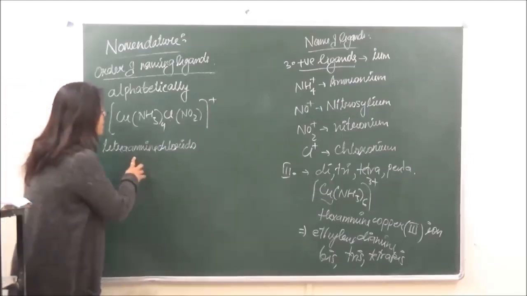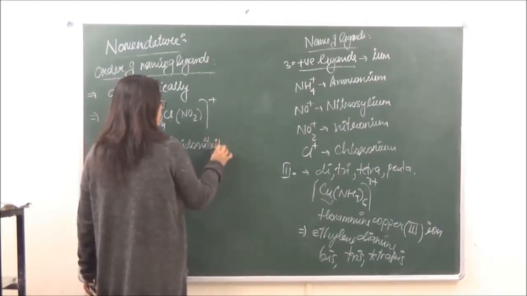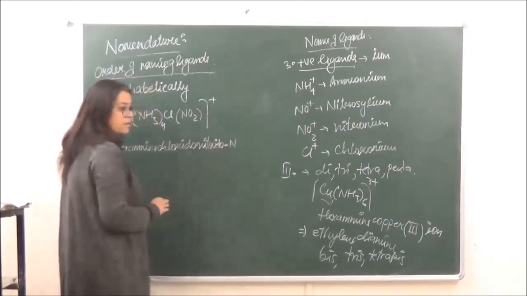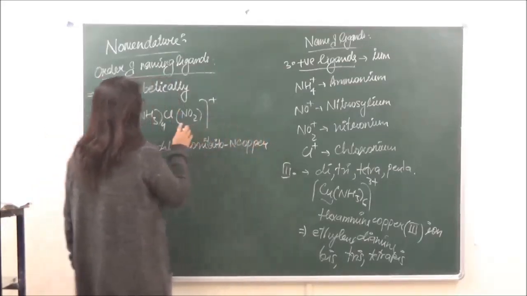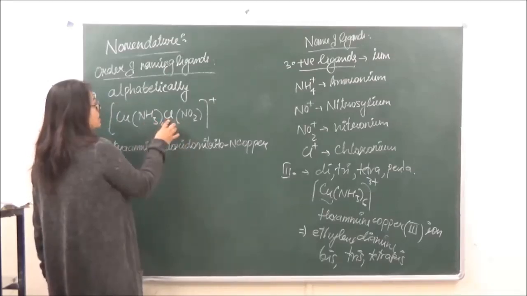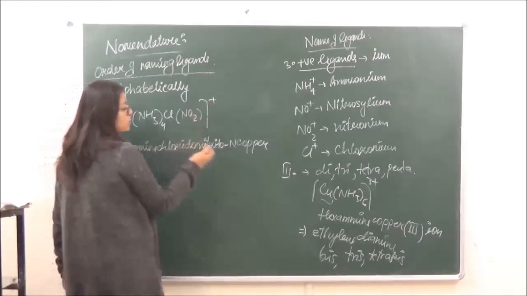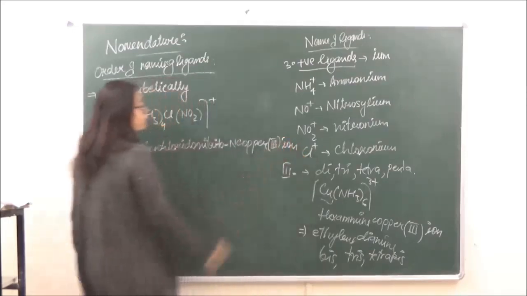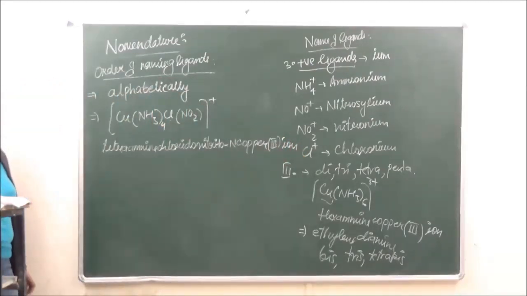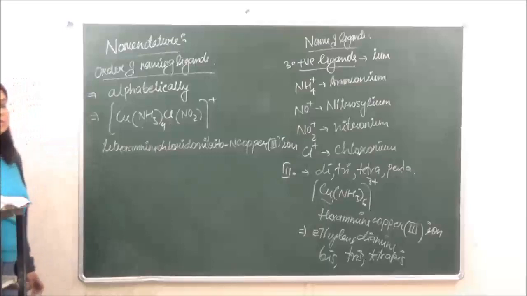Okay, so this is tetra amine chlorido nitrito hyphen N. Then after that comes copper. Put the oxidation state of copper here. This is negative, so it will be plus 3: minus 2 and plus 1, that is going to be 3, and finally you write iron. Okay, so this is how you are going to name. You are going to name it alphabetically. First amine, then chlorido, and then nitrito.